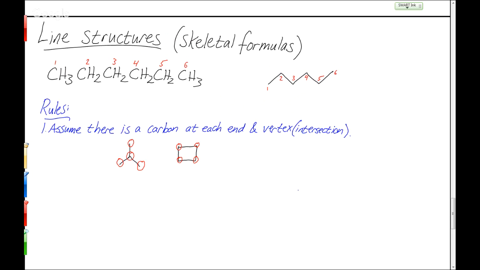So how do we figure out how many hydrogens are supposed to be on each carbon in a skeletal or line structure? Yes? 3 carbons, 4 bonds. Well, yeah, so for each carbon, we know we need 4 bonds. So we have to assume there's enough hydrogens on each carbon to get to 4 total bonds. That's our second assumption.